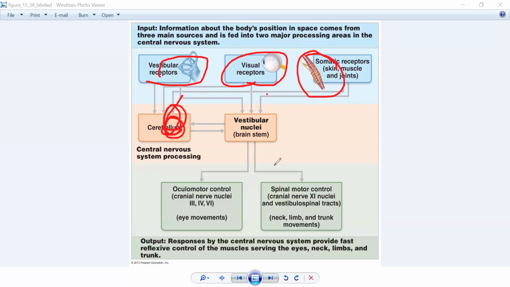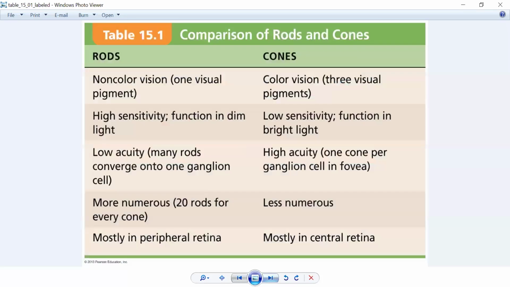So your cerebellum can allow you to respond quickly to different stimuli. All right, let me erase all that. And I think that should be it.